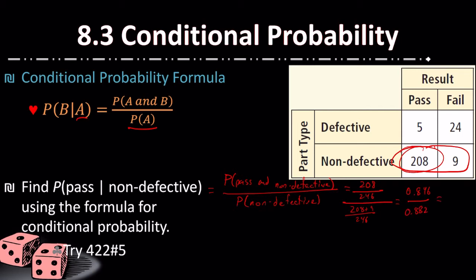When I divide those, I get 0.959, which is the same thing we got before. So you do the probability for the top, the probability for the bottom, and those probabilities are divided by the totals, and then divide those. Why don't you pause this and try number 5.